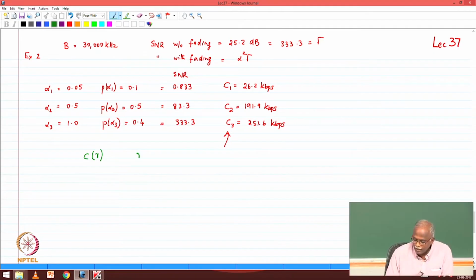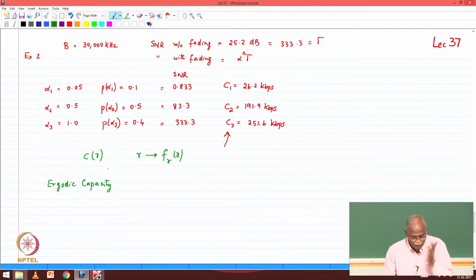Now gamma has got a probability distribution, f gamma of gamma. So we can come up with a probabilistic capacity for this channel based on the channel states, which is called ergodic capacity. It is a number that reflects the behavior of the channel.